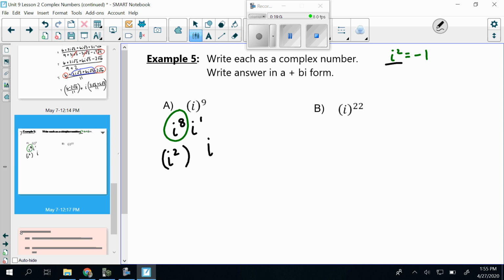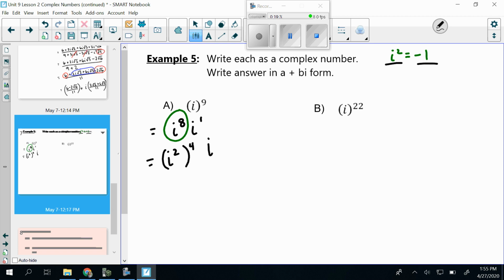So if we had I squared, what power should we take that to so we'd end up with 8 of them? 4, because remember when you take a power to a power, you multiply. So I squared to the 4th power would be equal to I to the 8th power. Now once you've got that figured out, replace the I squared with -1. I squared is equal to -1.